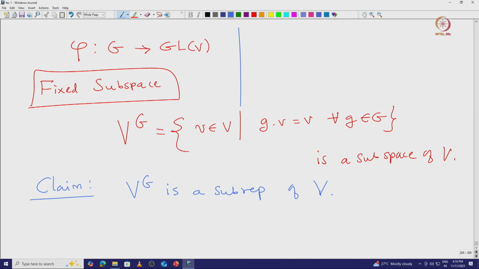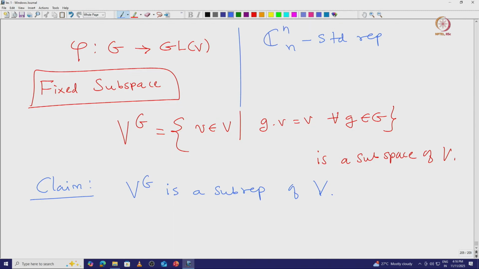So, recall that we talked about the standard representation of Sn, this Cn.